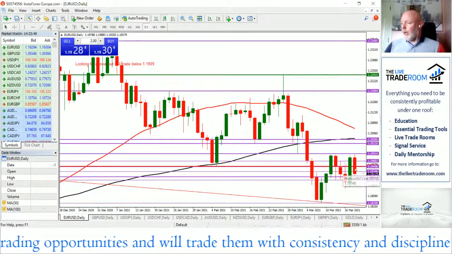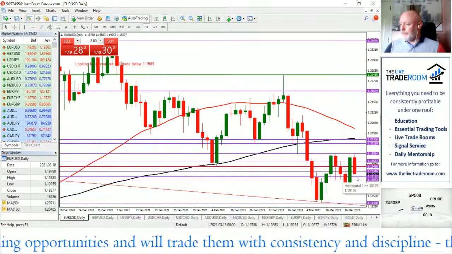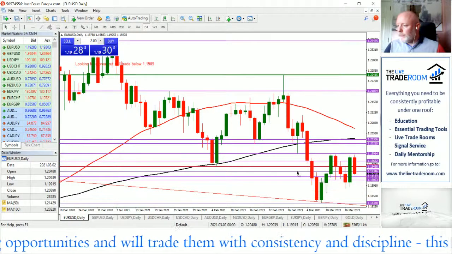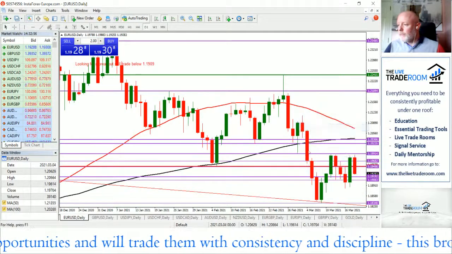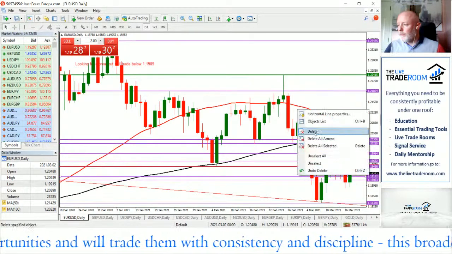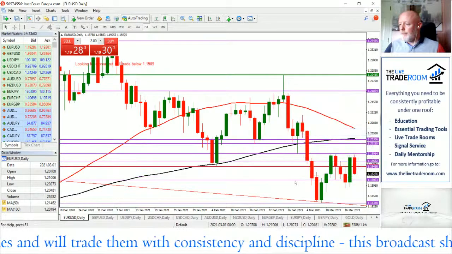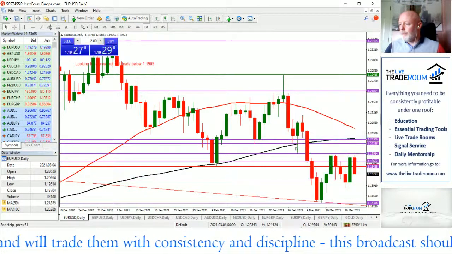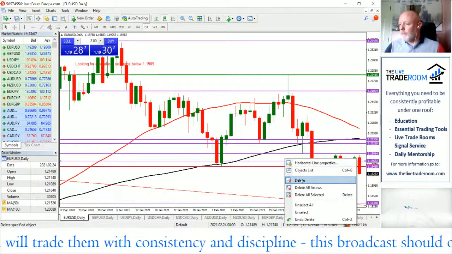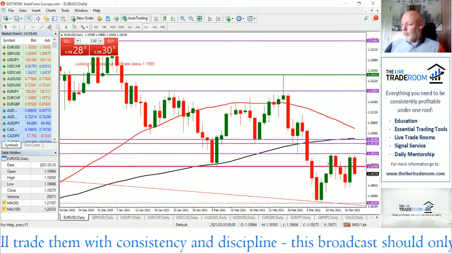So this market is rolling over to the downside, the euro dollar. Just tidy this up a little bit. So we're in this little range.